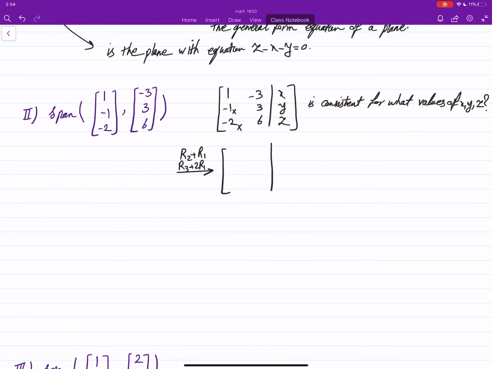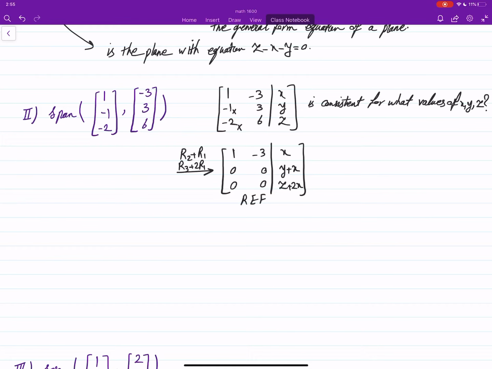And as you can see here, this will give us 0, 0, and y plus x. And this other one 0 and 0, and then z plus 2x. And the first row is this. And as you can see, this is row echelon form.